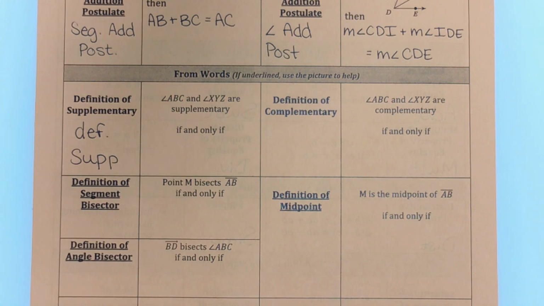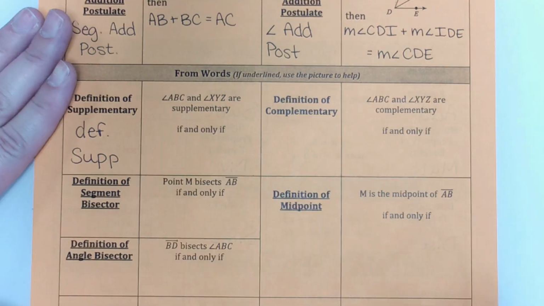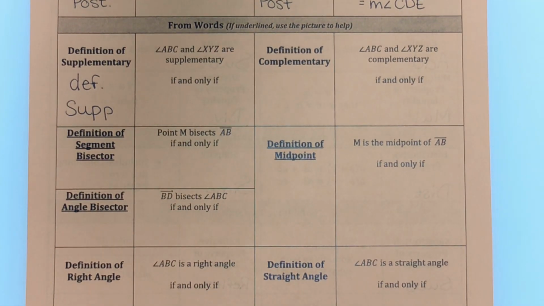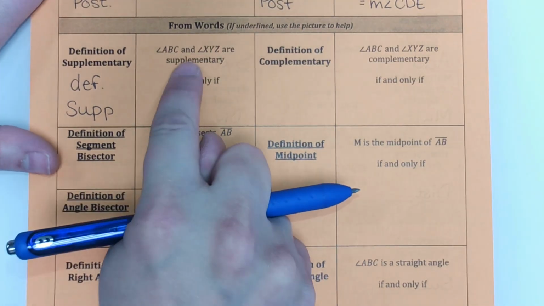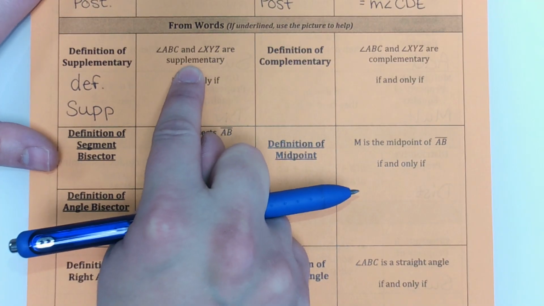Now, in a proof, to come across stuff in this lower section, do you notice where it says in gray, things you'll get from words? In proofs, I might tell you that a couple of angles are supplementary. It'll look something like this in a proof. Angle ABC and angle XYZ are supplementary.